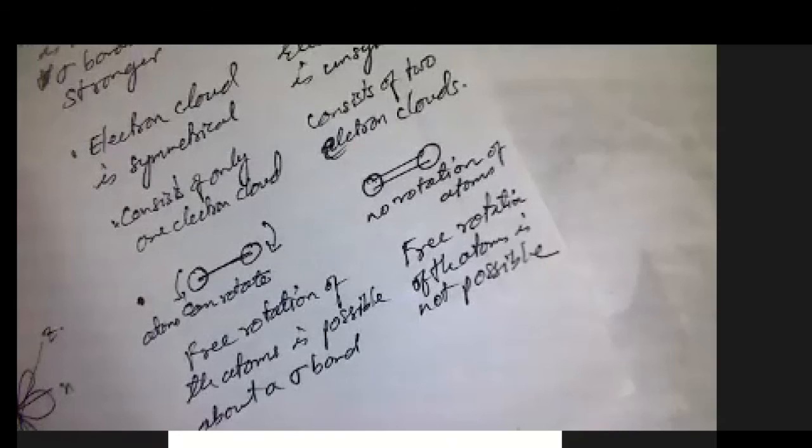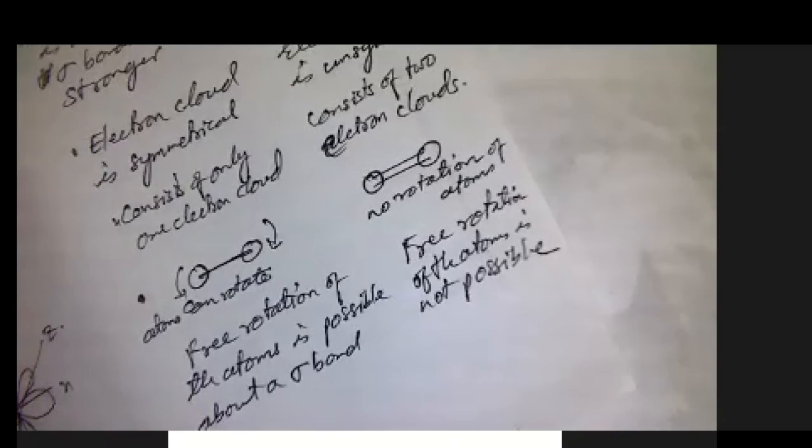Is it clear? Any problem, anyone? No. Then this much is enough for today, I think. All these things we have completed. Valence bond theory we have completed. Remember that.